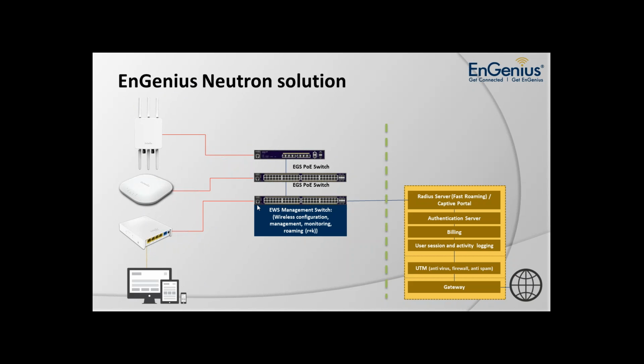Okay, so just repeating, what is the Neutron solution? Main functions in the EWS system are AP auto discovery and provisioning, wireless configuration, monitoring, and controlling the access point. Additional network services are not integrated in the management switch, because we believe that certain functions should be done by dedicated devices. That's why I make it separately in this drawing here: Radius server, captive portal, authentication server, billing, firewall, other security things.